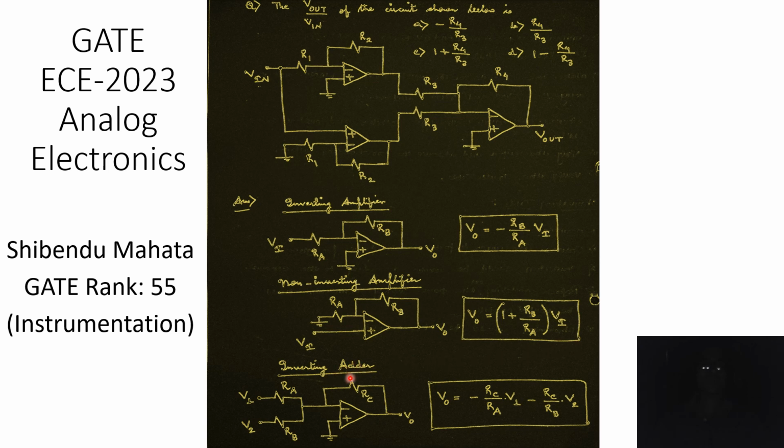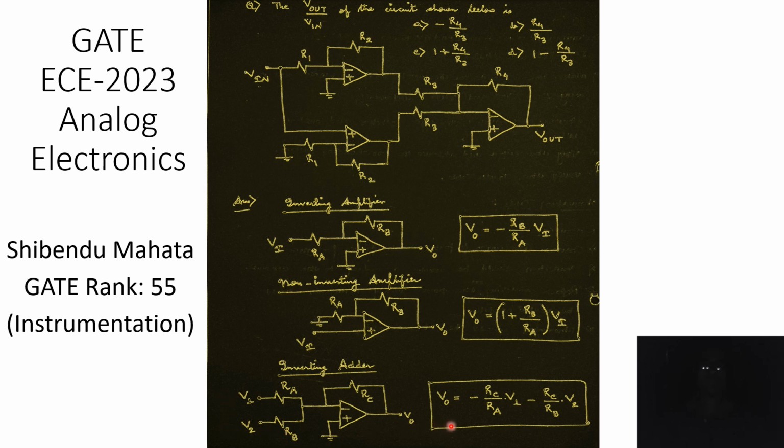And the last one is the inverting adder. If you keep adding branches to the input terminal, the inverting amplifier turns out to be an inverting adder circuit. We have 2 branches here, the feedback resistance is RC, and the input voltages are V1 and V2.